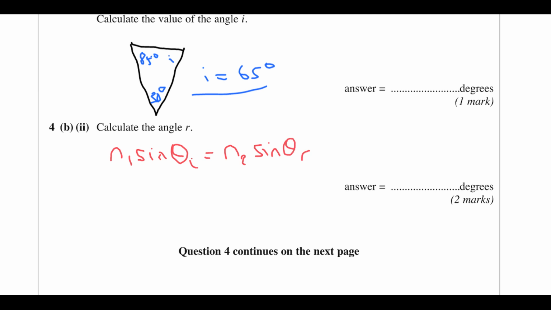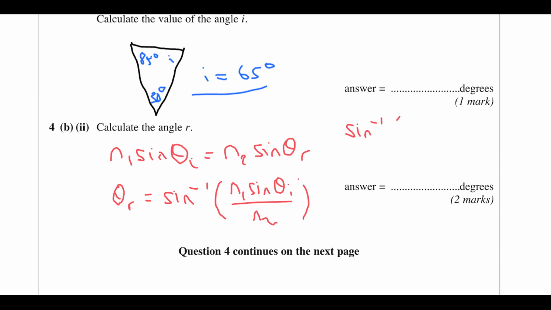We know n1, we know n2, so if we rearrange, taking the inverse sine of n1 sine theta I all divided by n2, that's going to be sine to the minus 1 of 1.46 sine 65, that's our angle of incidence, and on the bottom line we're going to have 1.41.